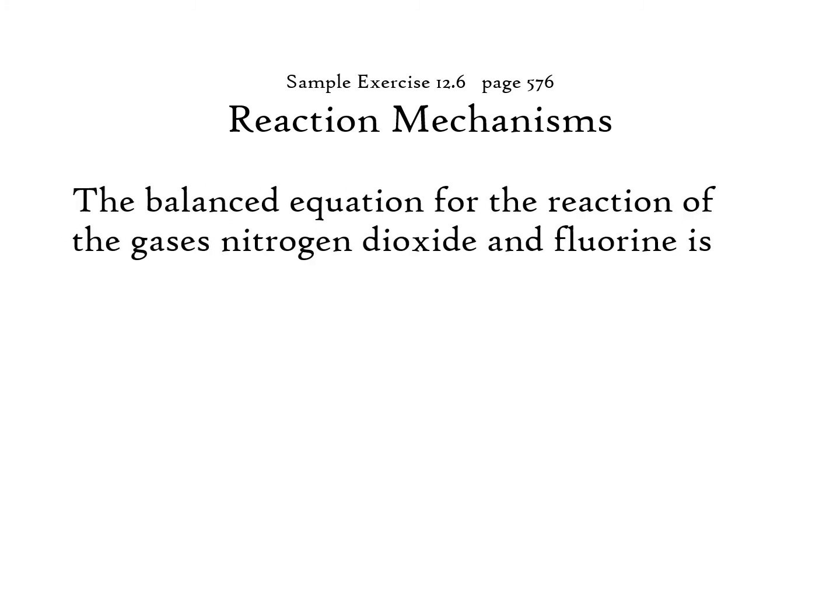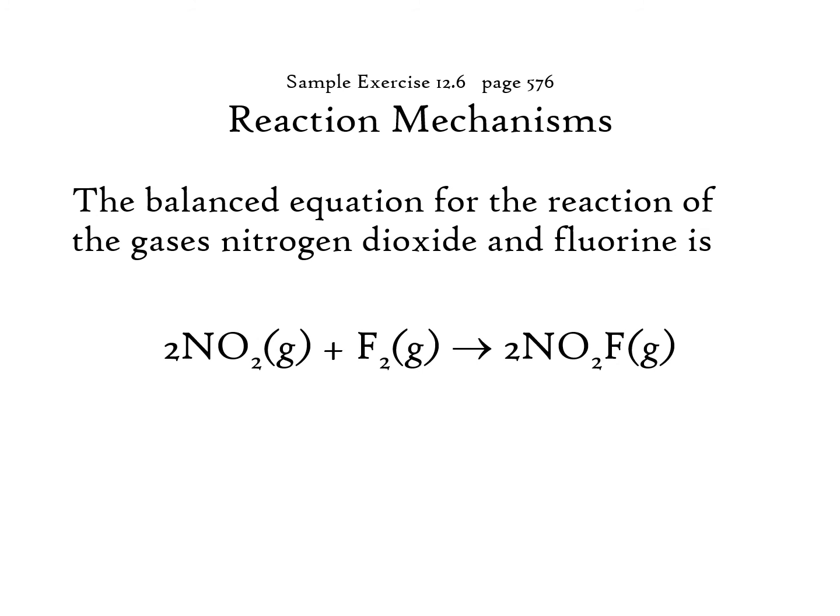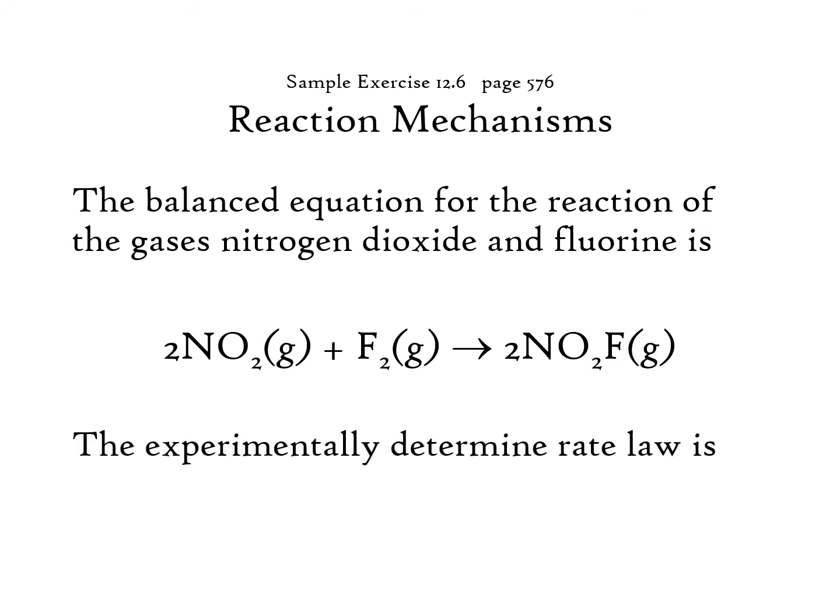So an example: we have an equation with nitrogen dioxide and fluorine gas reacting, and this is what they found for the experimentally determined rate law, that it's NO2 to the first and F2 to the first. So they're both first order with respect to themselves, but overall the reaction order is second order.